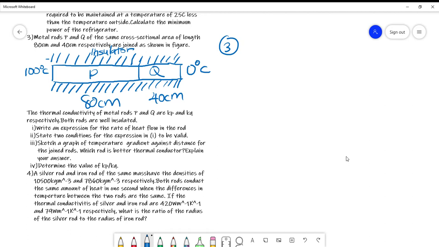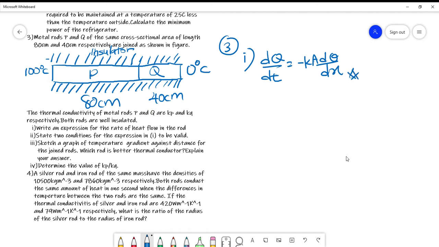The thermal conductivities of rods P and Q are Kp and Kq respectively. Both rods are well insulated. Write an expression for the rate of heat flow in the rod. So the rate of heat flow in the rod is dQ over dt equals negative K A d theta over dx. So this is the first answer.